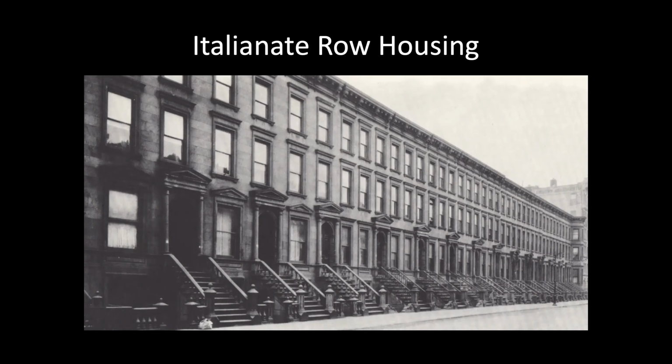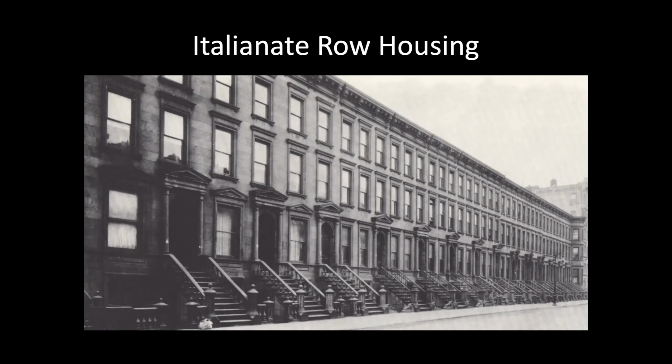The Italianate style caught on in a big way. After the success of Stewart's store, this became all the rage, and everybody wanted an Italianate row house, and this coincided with the population of the city going through the roof.